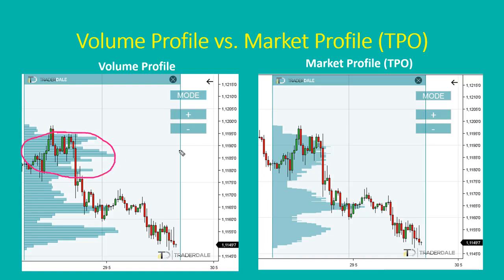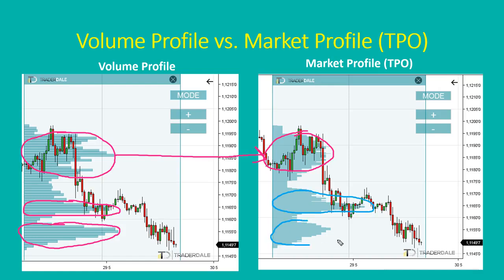As you can see, the volumes are heavy in this area, but the TPO is not as precise as the volume calculation. Also, if you, for example, compare this volume spike and this volume spike with this volume spike and this volume spike, you can see that actually this one is a little bit bigger than this one.